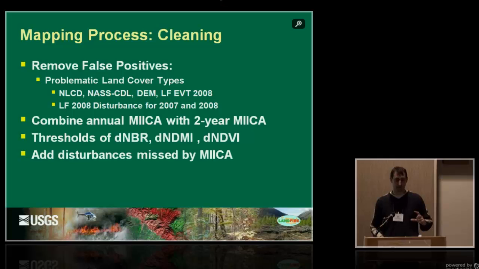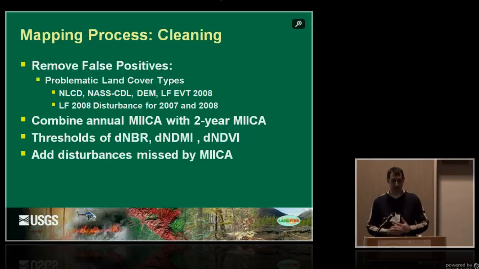And then we're also using a little bit of logic in addition to calculating the change between 7 and 8, etc., annual change. We calculate change pairs between a skip year, for example, 7 and 9 or 8 to 10. So in this cleaning process, we oftentimes are using that logic to help identify some of those areas or knock out some of that false change.